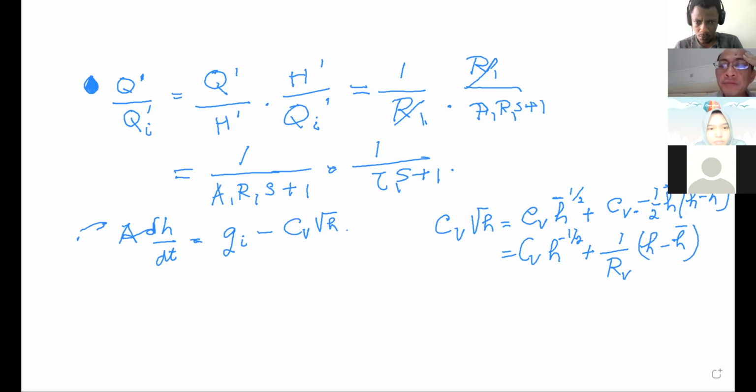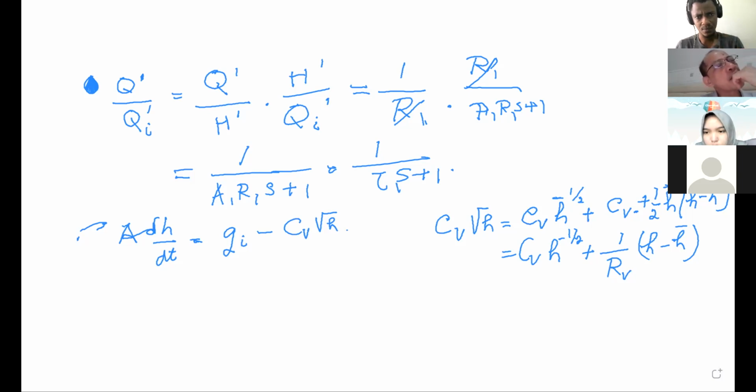Did I do something wrong here? The differential of H to the power of half is, oh, maybe I'm wrong here. Half, H to the half... Come on, try to differentiate.